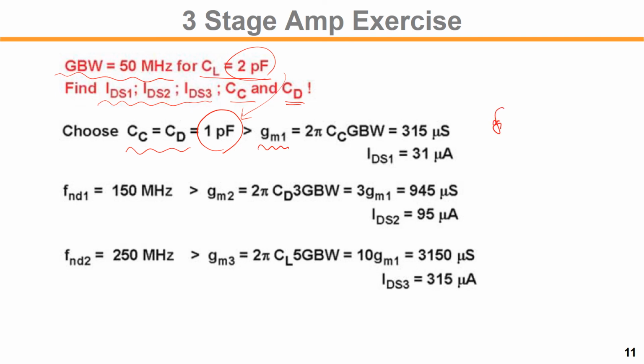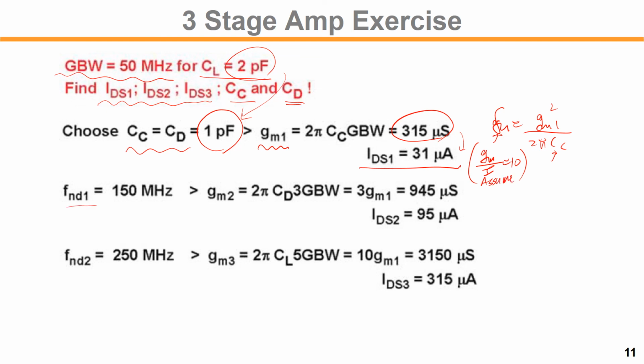By FU equals GM1 over 2 pi CC, we can calculate the required GM1 since we know the CC and FU. So GM1 is 350 microsiemens. So the current level is approximately 1/10 of that GM1, because we assume that the GM efficiency, GM over ID, is approximately 10, right?